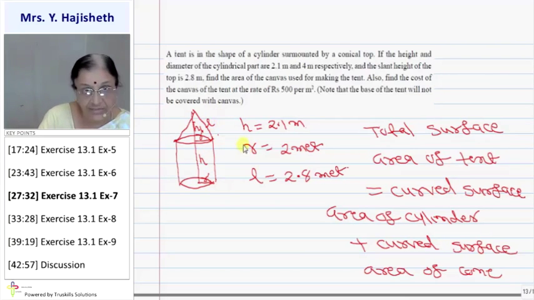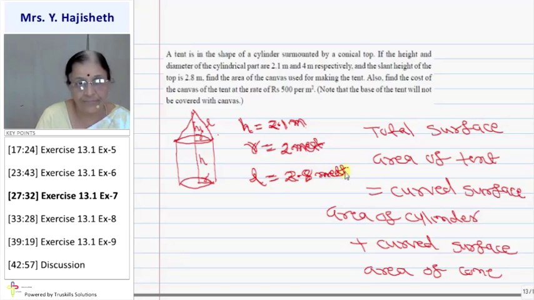Then what is given here? Here H is given as 2.1 meter. R is given as 2 meter. And L is given as 2.8 meter. Okay?